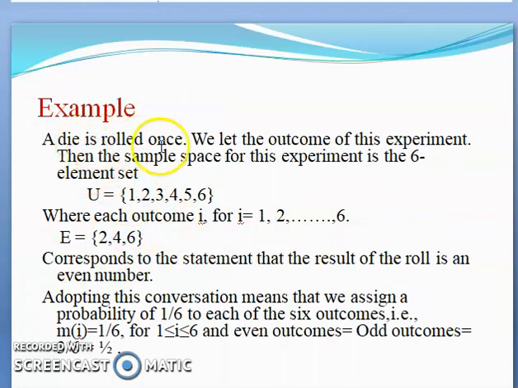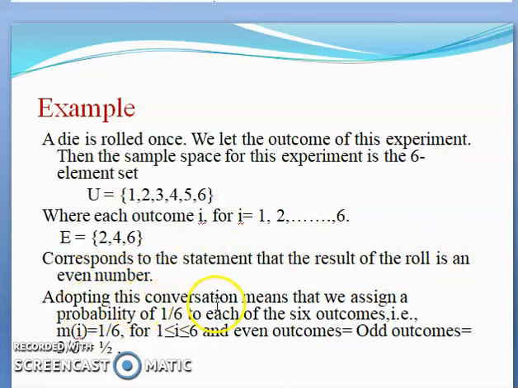Example: a die is rolled once. We let the outcomes be those of the experiment, then the sample space is the 6 element set U equal to 1 to 6. Suppose E is the event {2, 4, 6}, which corresponds to the statement that the result of the roll is an even number.